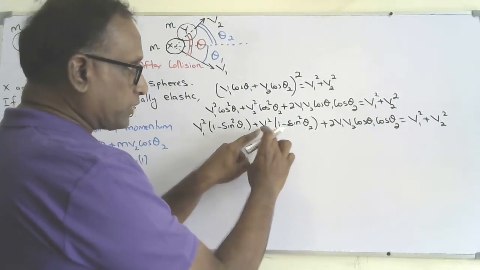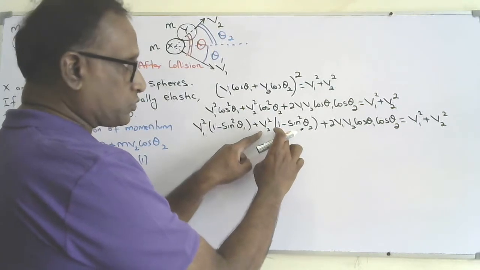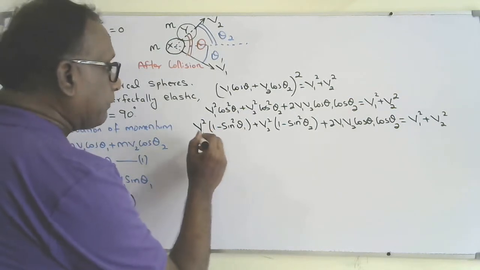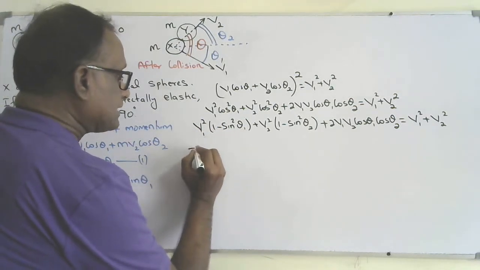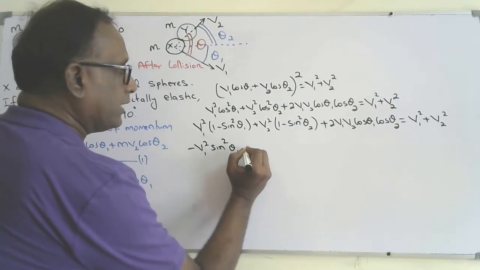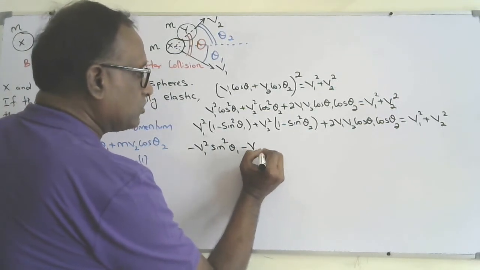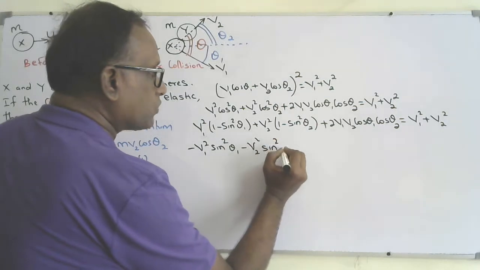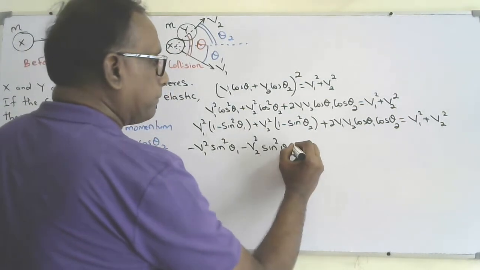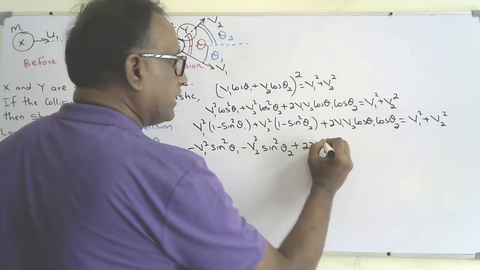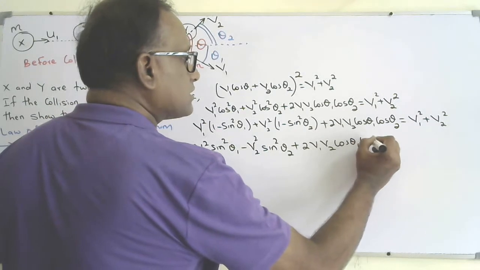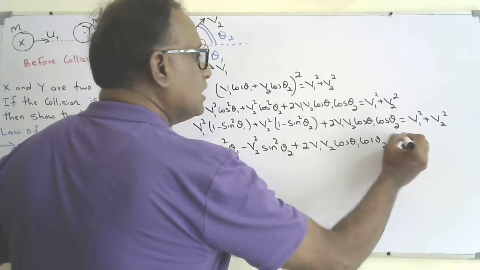That V2 squared and this V2 squared will get cancelled. So I'm going to get minus V1 squared sine squared theta 1 minus V2 squared sine squared theta 2 plus 2V1 V2 cos theta 1 cos theta 2 equal to 0.